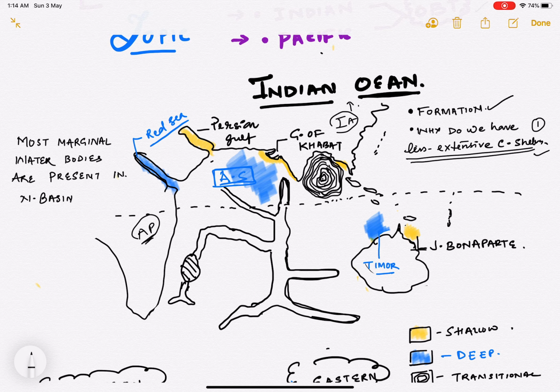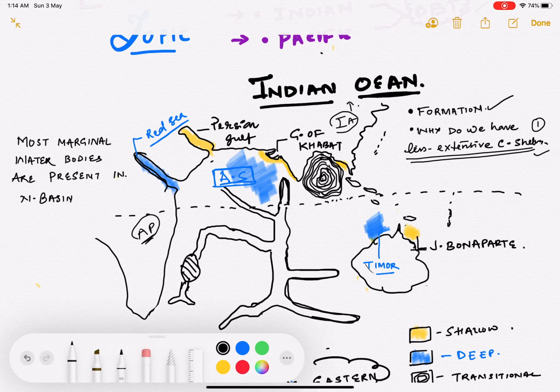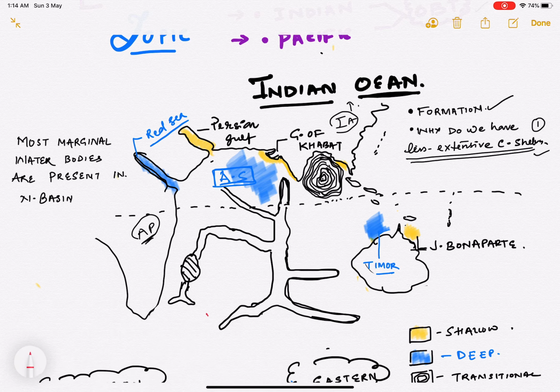But such is not the context here. In India itself, we have the submergence of the Burmese plate with the Indo-Australian plate, as a result of which we have an active boundary. Hence, the continental shelf occupies only 5% of the total ocean bottom topography.